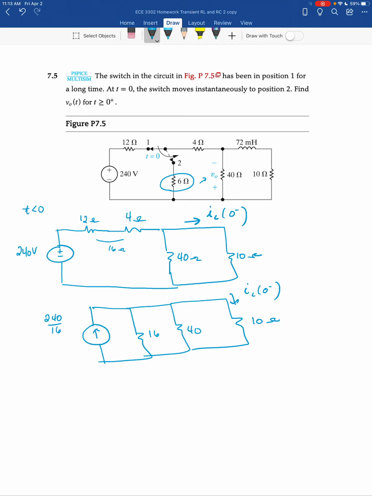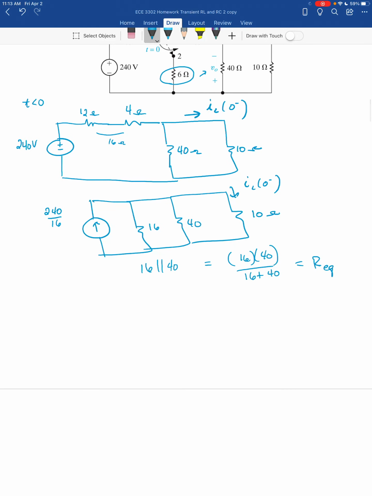Now, a couple of things you could do. You could combine these two in parallel and do a current divider, which is probably what I would do. So 16 parallel 40 is going to be 16 times 40 over 16 plus 40. I'll allow you to do the algebra there, and we'll just call that our equivalent.